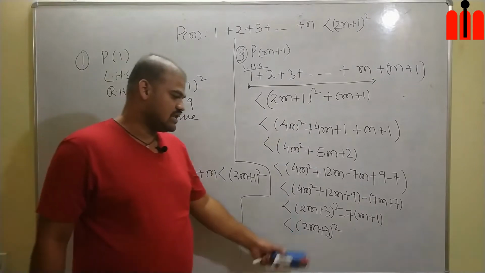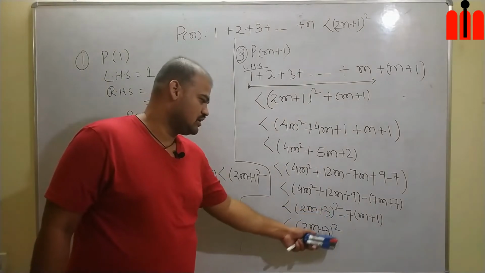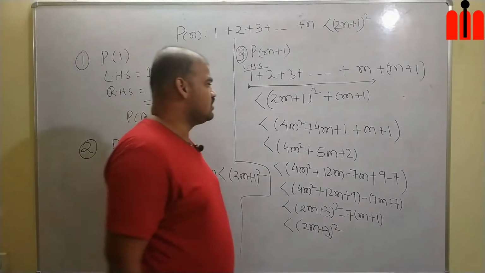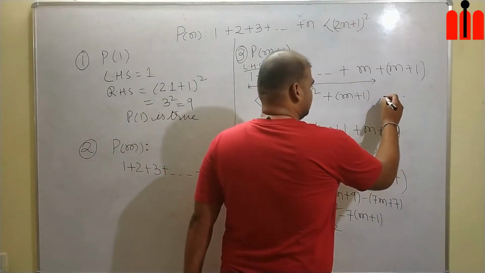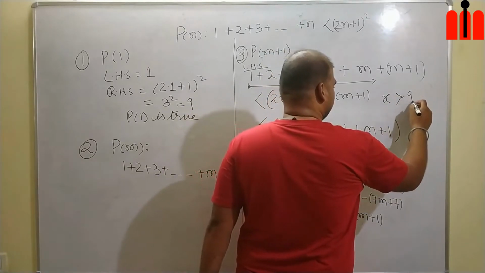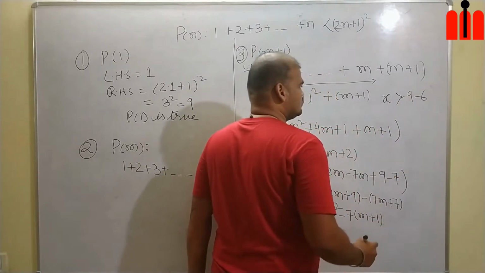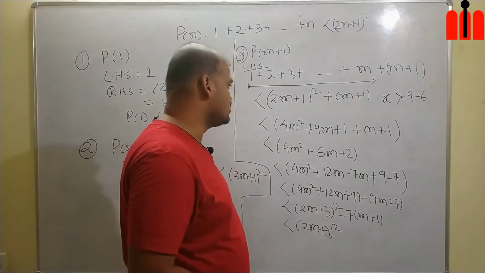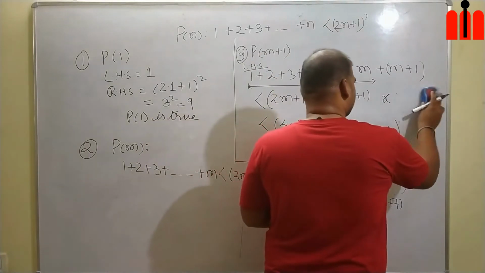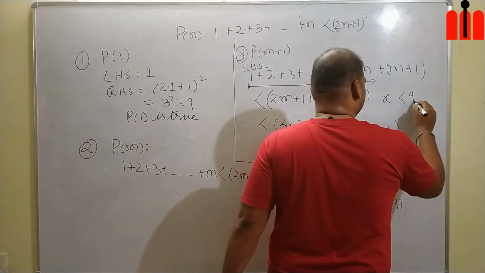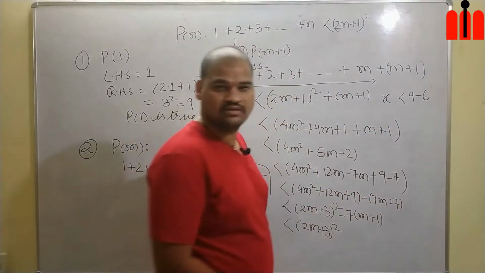I can give you another example which will give clarity on the jump between these two steps. We can write, suppose x is lesser than 9 minus 6.